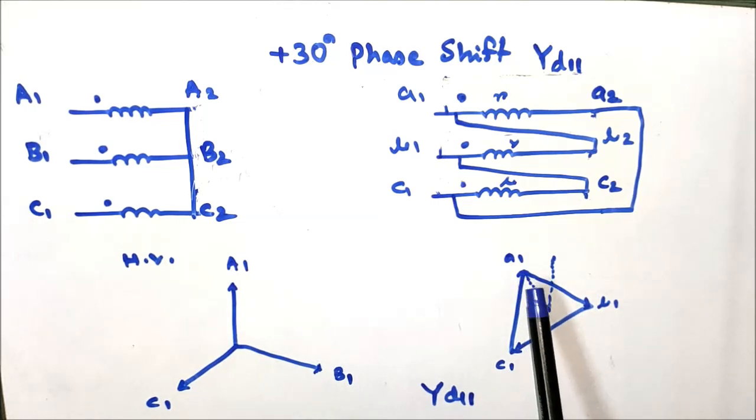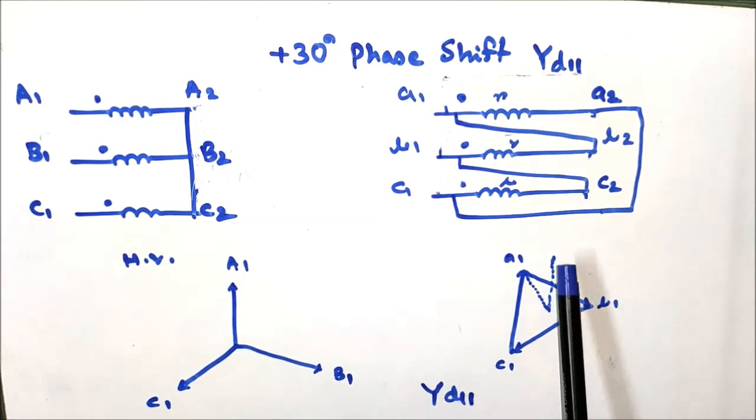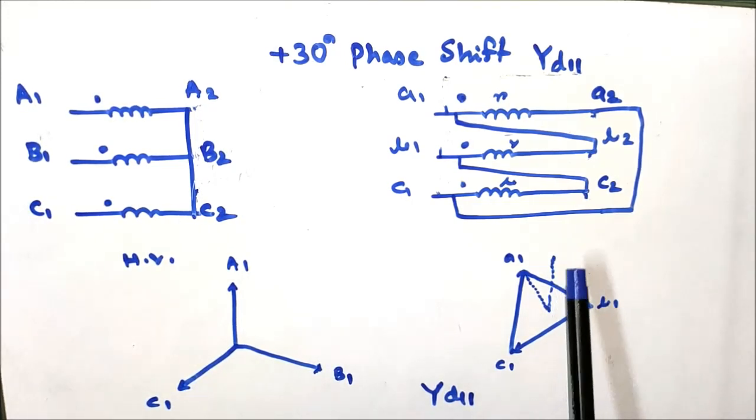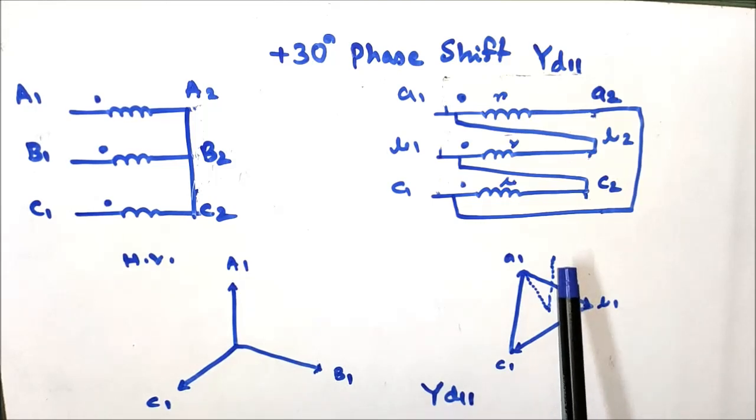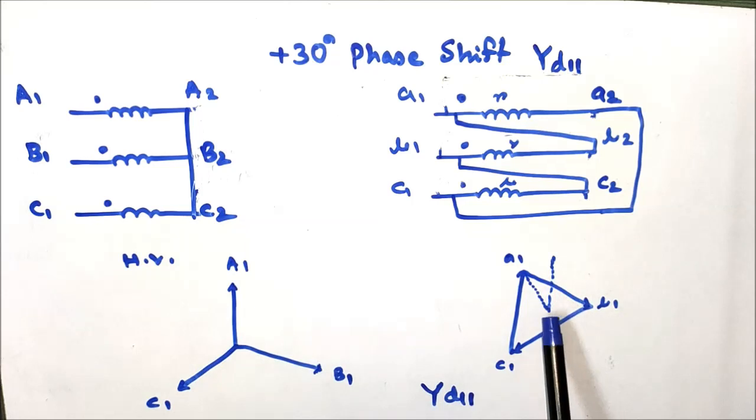Now if you draw the virtual neutral and draw the vertical line that represents the 0 o'clock or 12 o'clock, and if we extend this virtual neutral to A1, this represents the 11 o'clock in the clock rotation.